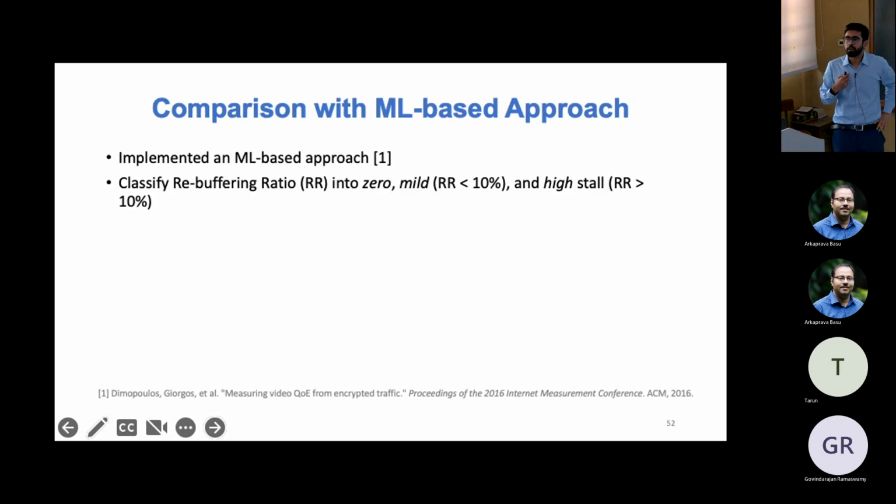Okay, so for this result, what we did was compare the accuracy in estimating rebuffering ratio with an ML based approach that was proposed in related work. The idea is we classify rebuffering ratio into 0, mild, and high. For the ML based approach, you use some data for training and test it on the rest of the data.